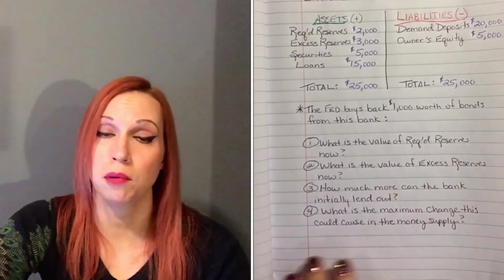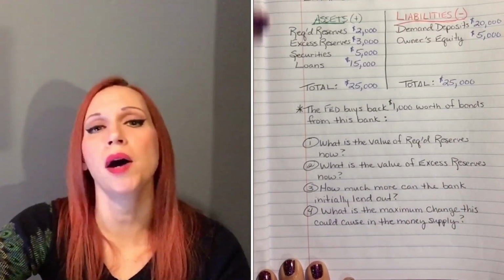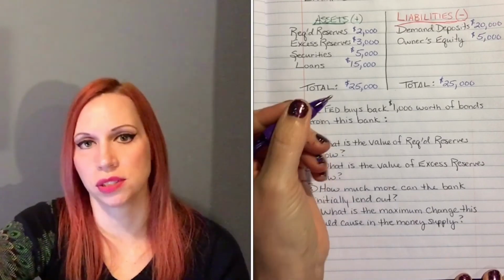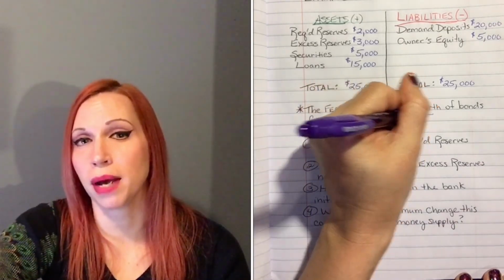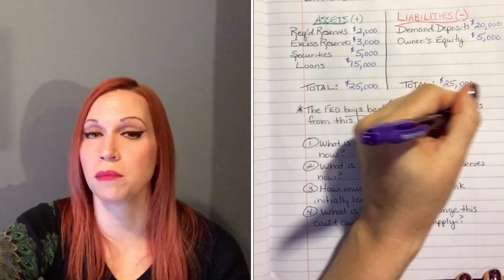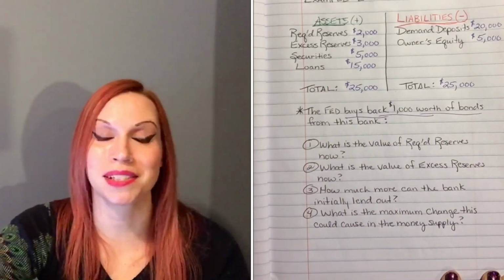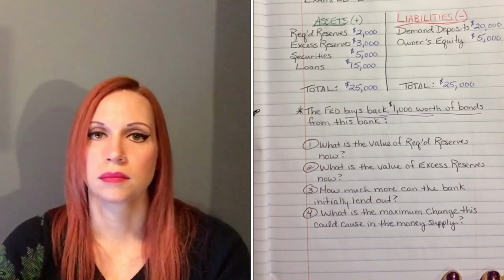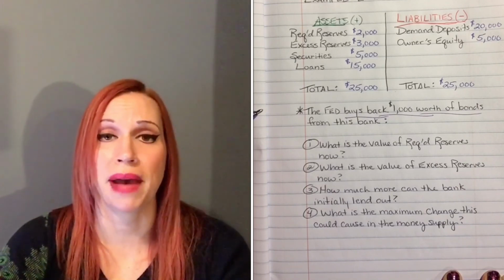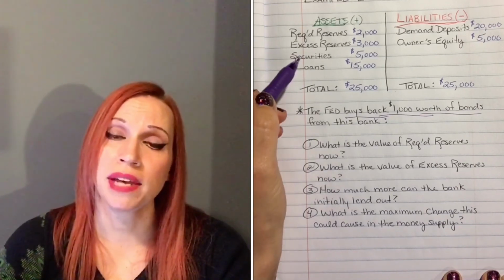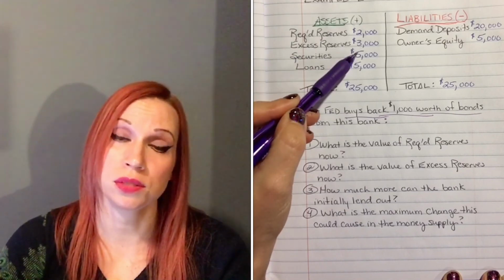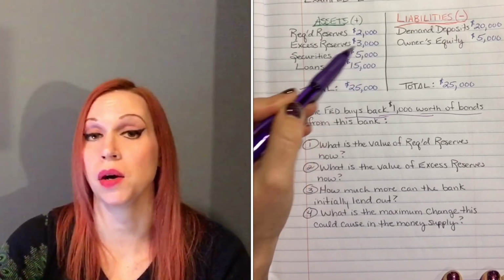Now with the next example, we have the same bank balance sheet, but we're going to be tackling a different set of questions. This setup says that the Fed buys back $1,000 worth of bonds from this bank. Now remember, buying bonds is going to make the money supply bigger. Now how is this going to affect our bank balance sheet? Well, notice that we have a category called securities, which represents the bonds the bank holds.